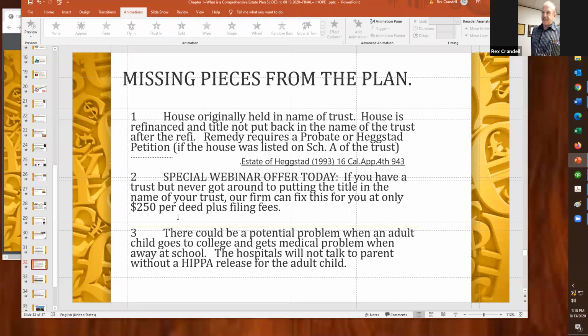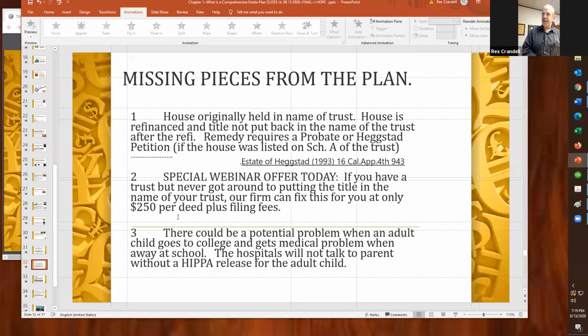Oftentimes we'll see situations where somebody has done everything right, they've got their house in their trust, and then they go to refinance their loan. When they're done, I understand title companies are reticent about putting the property back because they have to be neutral between the lender and the borrower. So we find that houses after refi frequently don't get put back in the trust, which could cause a probate.